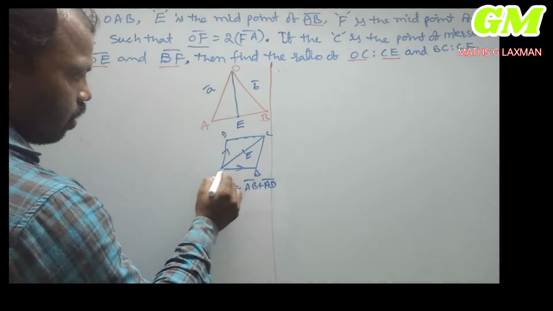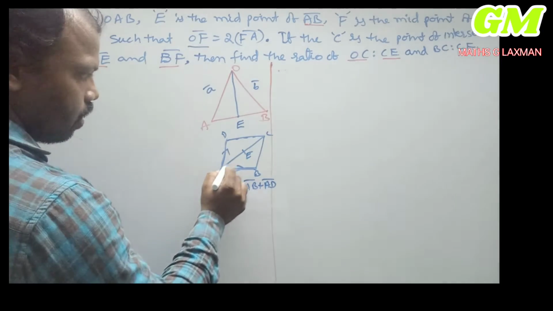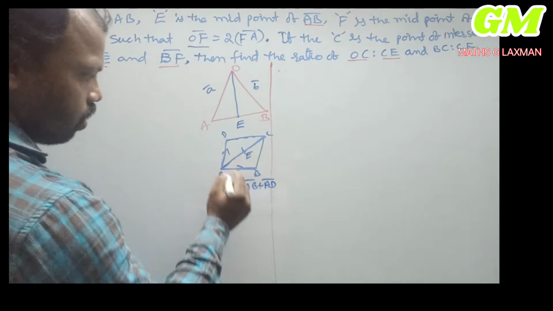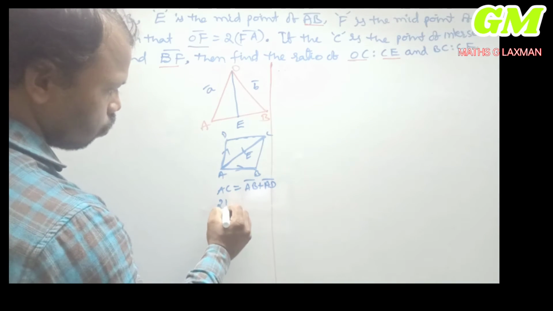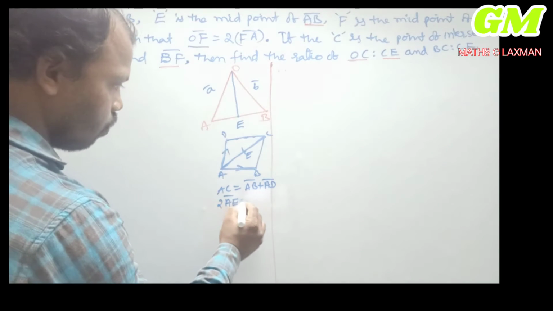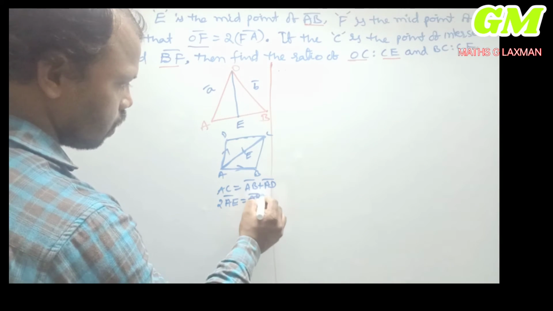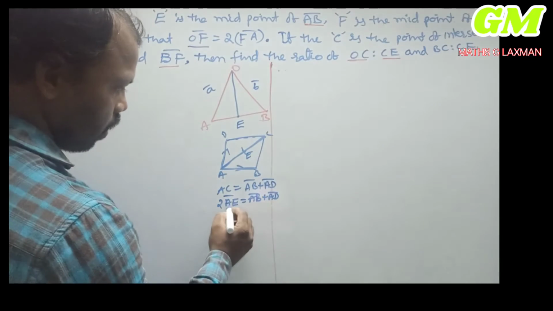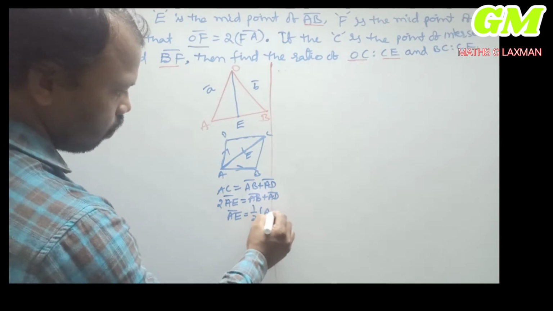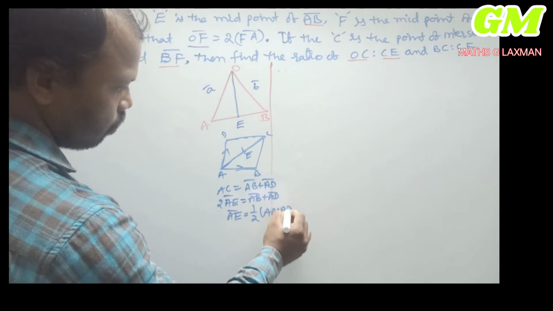Here E is a midpoint, so AC can be written as 2 times AE, which is equal to AB plus AD. So AE is equal to 1 by 2 times AB plus AD.